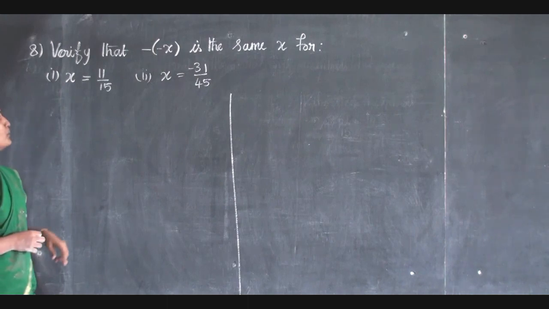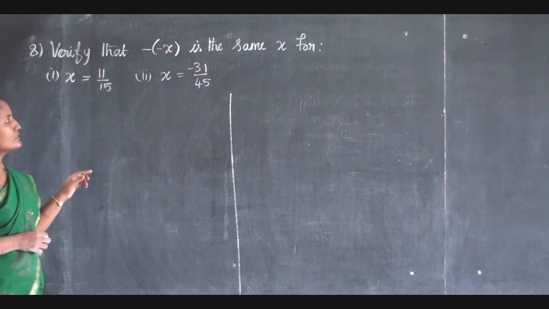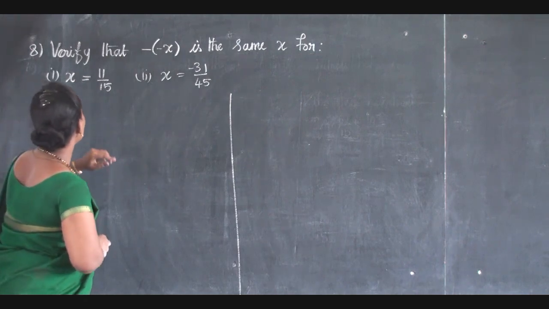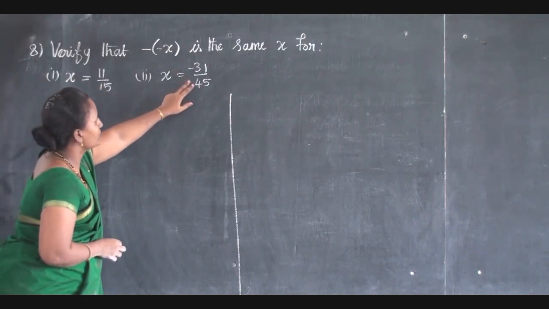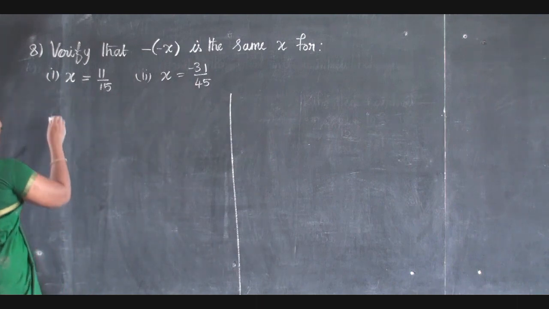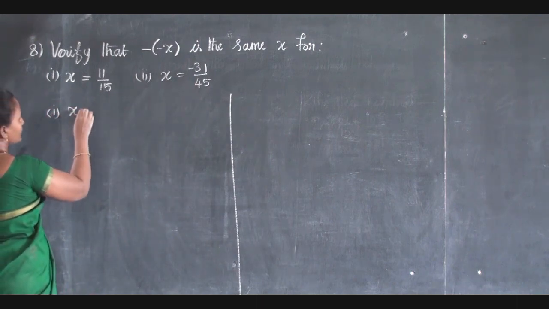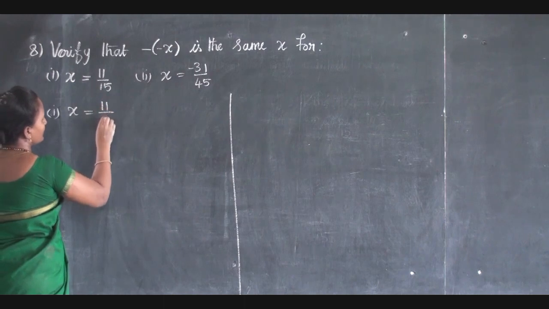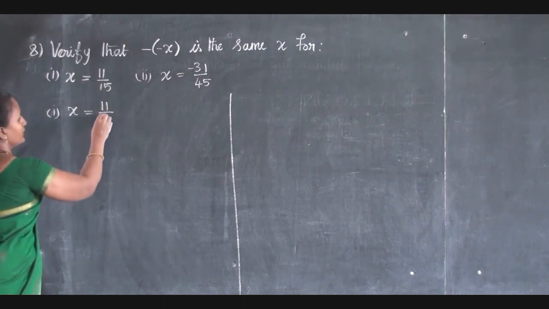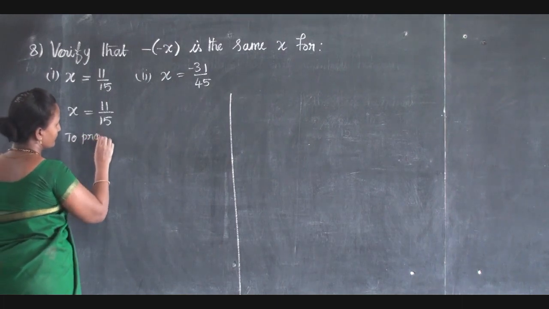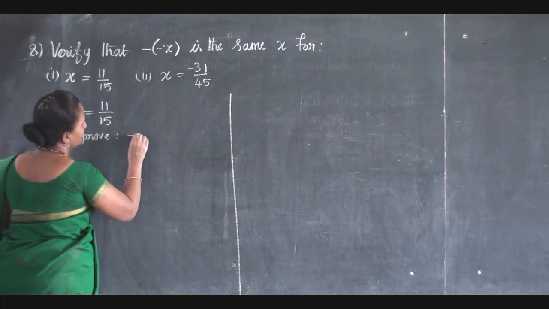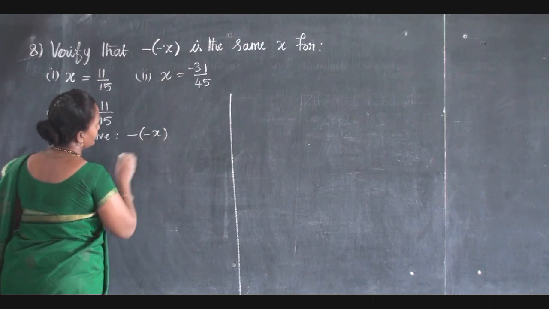Verify that minus into minus x is the same x for x equal to 11 by 15 and x equal to minus 31 by 45. First one, x equal to 11 by 15. To prove minus into minus x.